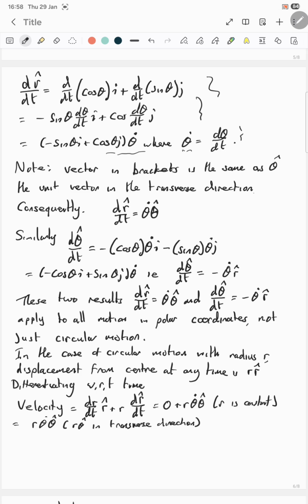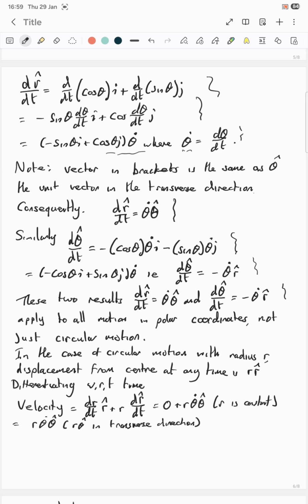Note the vector in brackets is the same as theta hat, the unit vector in the transverse direction. Consequently, we get this, and similarly we get this. So these two vectors, d r hat by dt equals theta dot theta hat, and d theta hat by dt equals minus theta dot r hat. Now these apply to all motion in polar coordinates, not just circular motion.